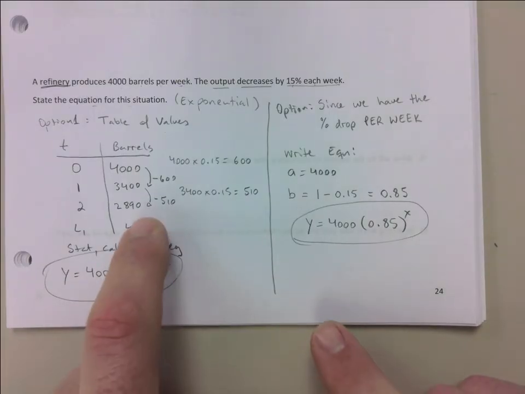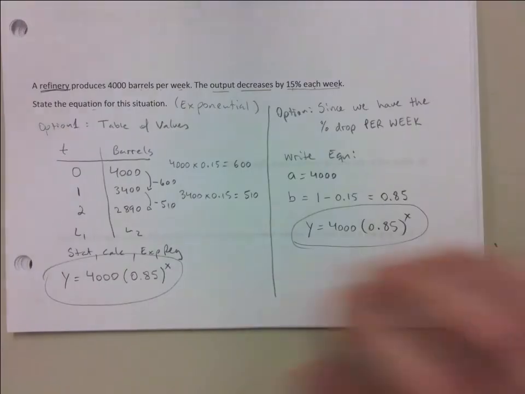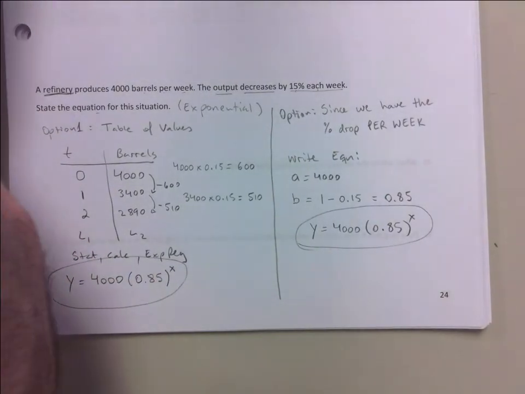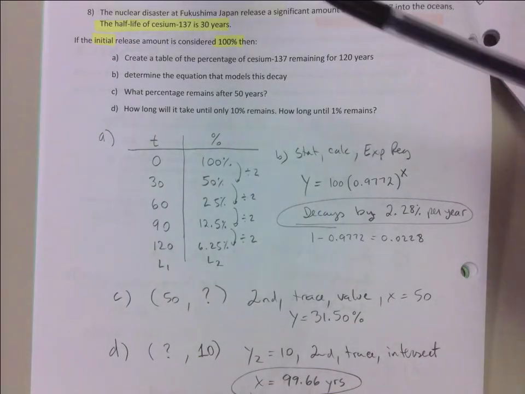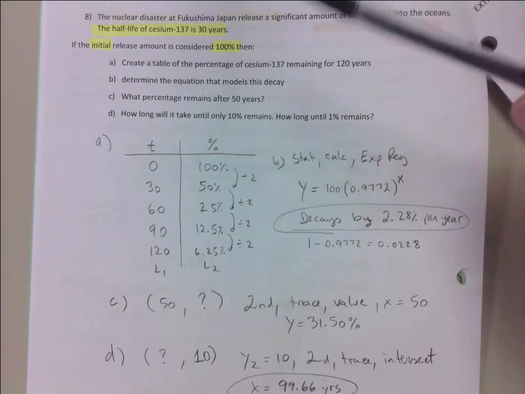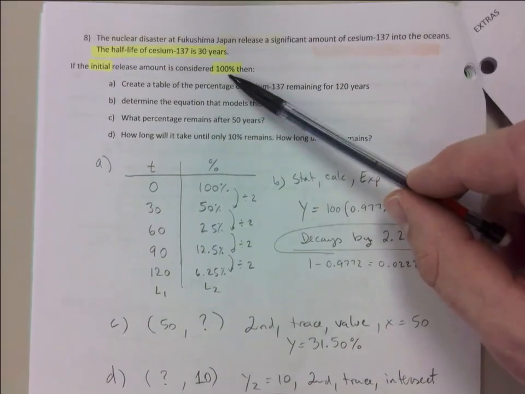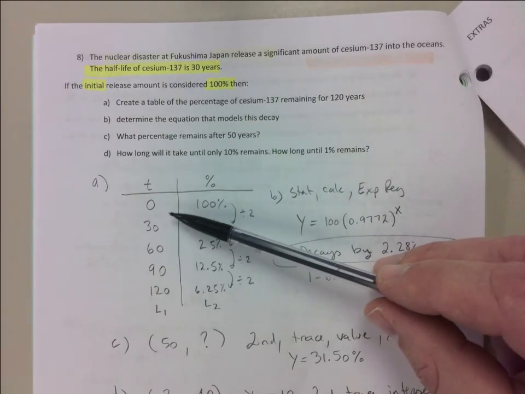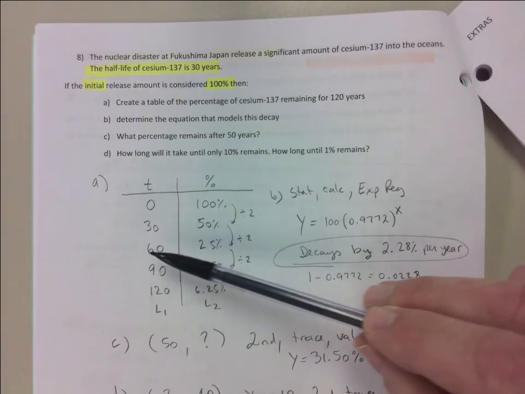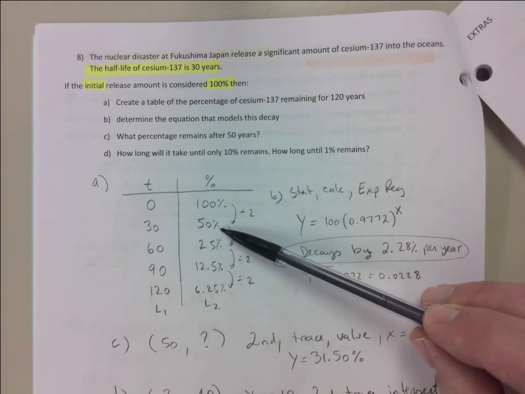So it's similar to doubling time, but I will show you that it's not. Doubling time and half-life, we did one of those on page 19. With half-life, we were told that half-life is 30 years. So we start with 0, it's 100%. 30 years go by, you're down to half.